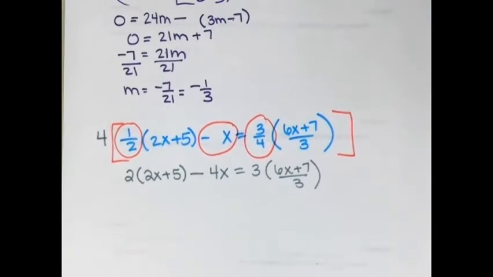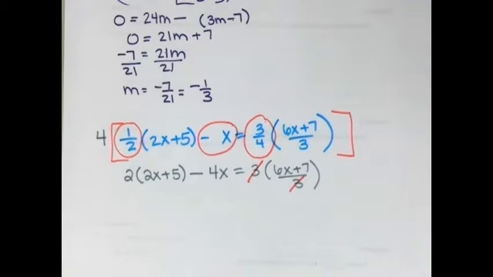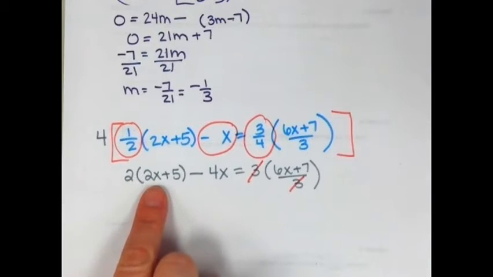Now, the nice thing is because I'm distributing a 3 to this fraction, what happens to these 3s? They actually cancel each other out, don't they? So now, what's 2 times 2x plus 5?